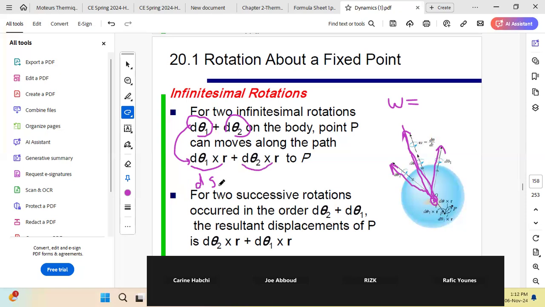So this is ds1 and this is ds2. For two successive rotations occurring in the order d theta 2 plus d theta 1, the resultant displacement will be equal to d theta 2 vectorial r plus d theta 1 vectorial r.